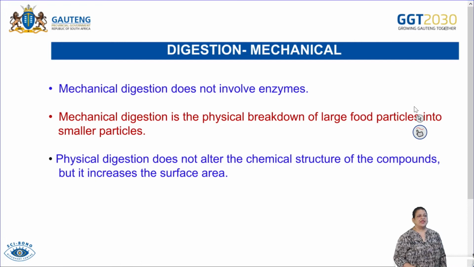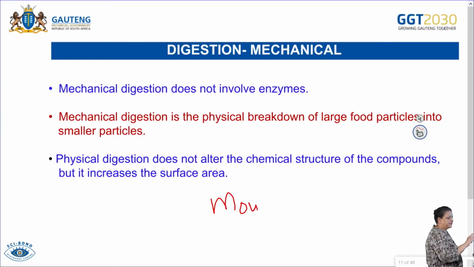Now you're looking at the two types of digestion that you're going to get. In the mouth, you have mechanical digestion. It doesn't involve enzymes, right? That is the chewing of food. But I did indicate that in the mouth, there are two types of digestion.